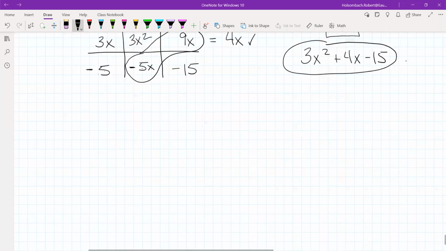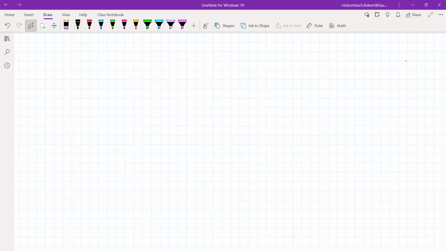So let's do one more of these. Let's take 10x squared plus 31x minus 14. None of the terms are divisible by a common factor.